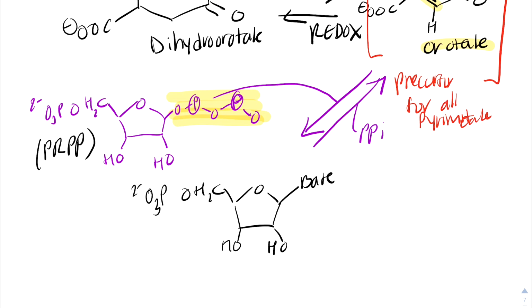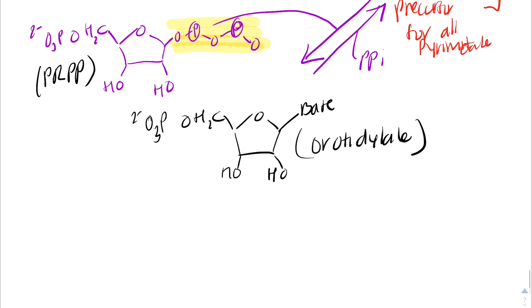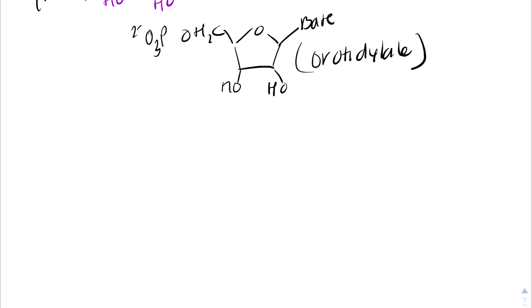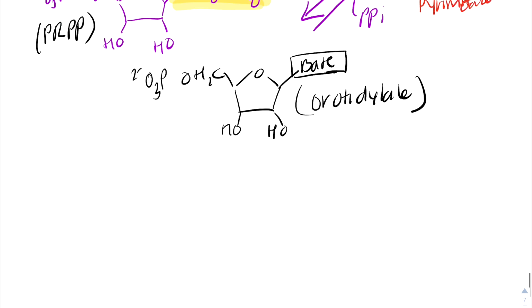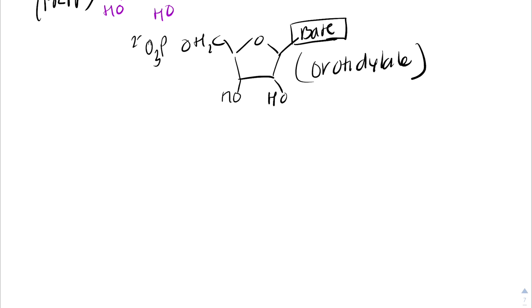Okay, so once you have this orotidylate structure, so this isn't the complete base. This is just like an intermediate base, so it's not specific to uracil or thymine. So you would actually add protons, which removes the CO2.